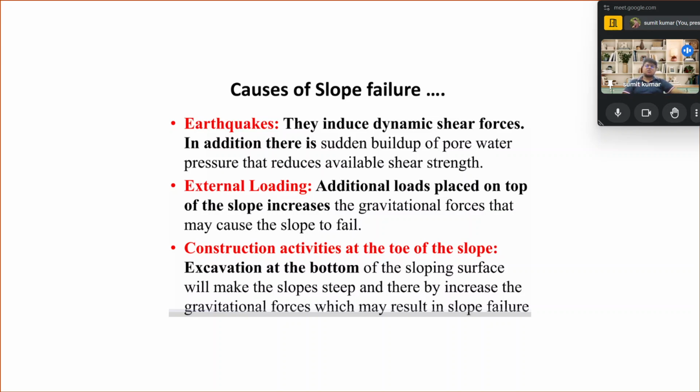One of the most important is construction activity at the toe of the slope. If some construction takes place at the toe, the excavation at the bottom of the sloping surface will make the slope steep and may increase the gravitational forces, which may result in slope failure.